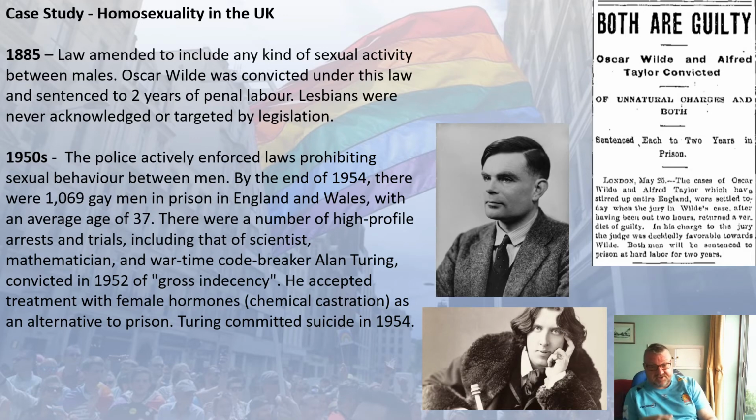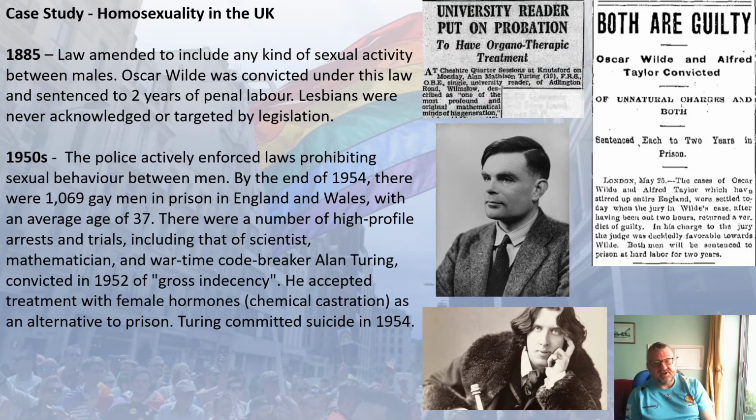So there's old Alan Turing, the man that broke the Enigma code, probably was responsible for us winning the war quicker than we would have done. And yet in 1952, charged with homosexuality, chemically castrated. There's the newspaper clip about him.